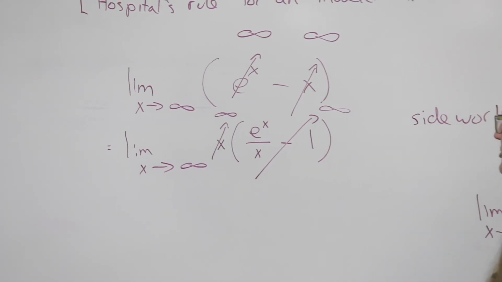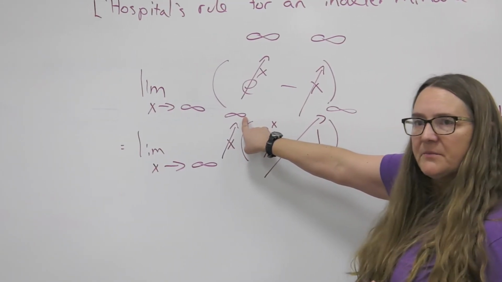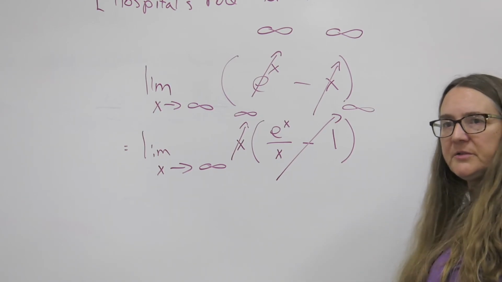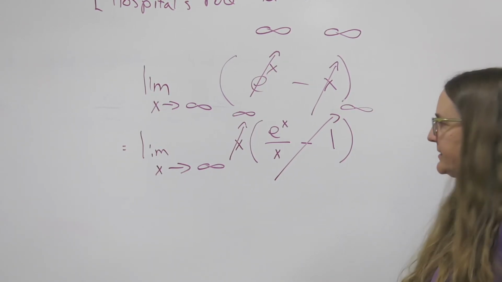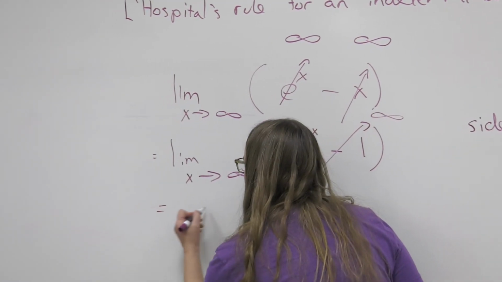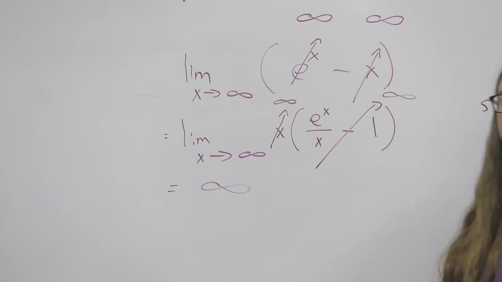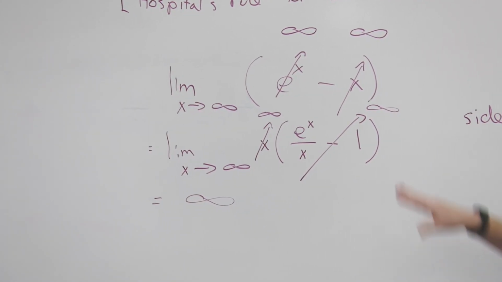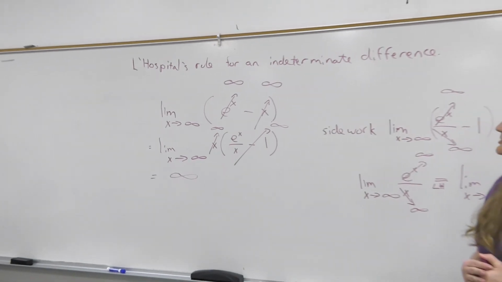But logical analysis here, this is big and positive. This piece is big and positive. What do I get if I multiply together two things that are both big and positive? Something that's really big and still positive. So this limit will be infinity. All right, so there's an example of L'Hopital's rule with an indeterminate difference.